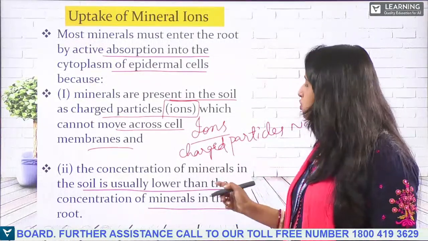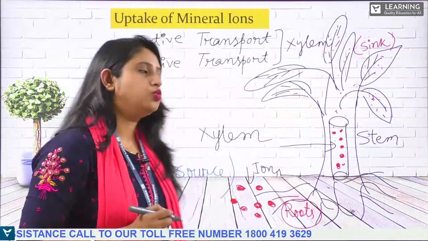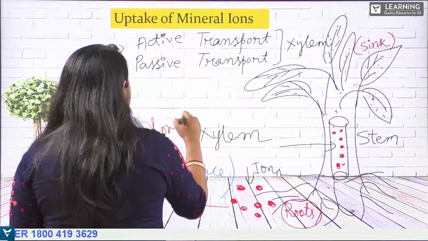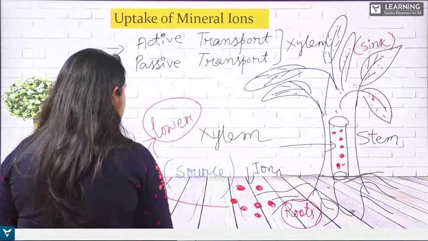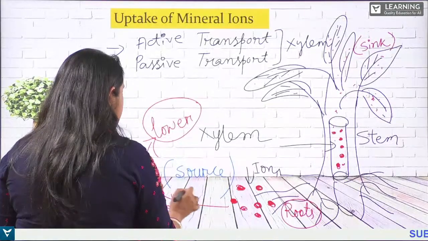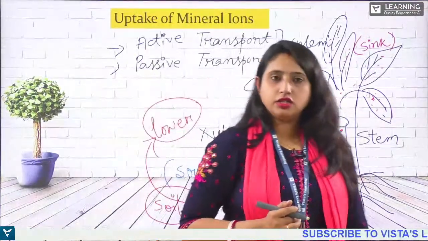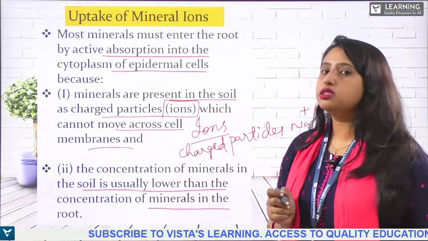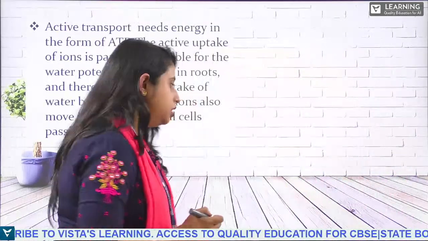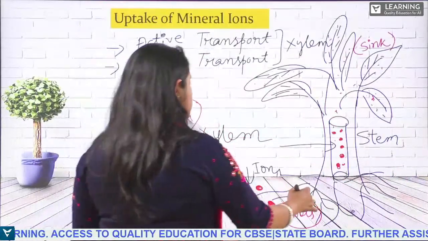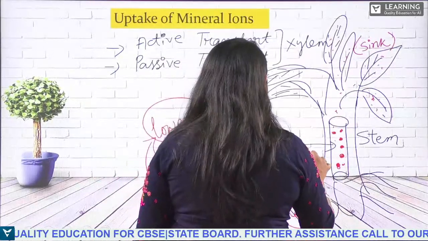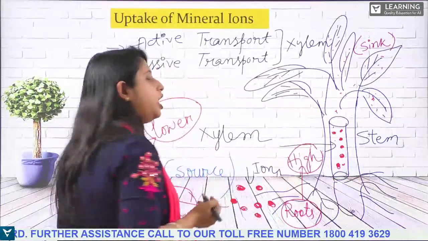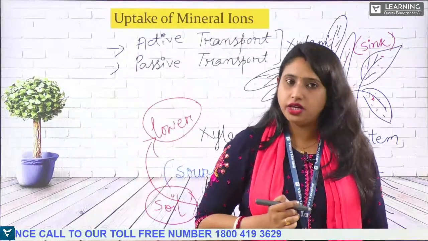So in the soil, the concentration of the mineral ion is lower, whereas in the roots, the concentration of mineral ions is higher. As it is moving from lower to higher, it is against the concentration gradient, clear?